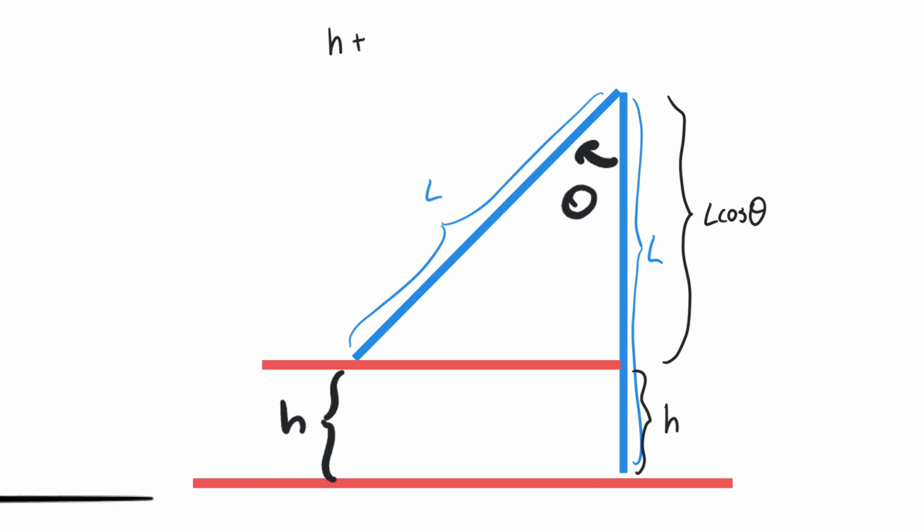h plus L cosine theta equals L, because all of this equals the entire length, correct? So h equals L times (1 minus cosine theta).